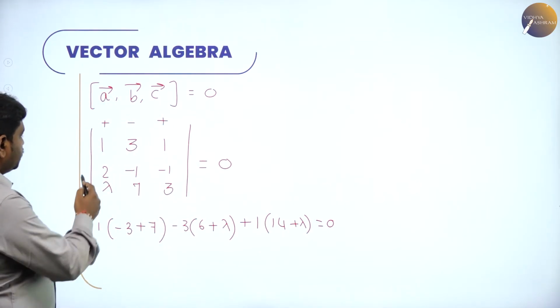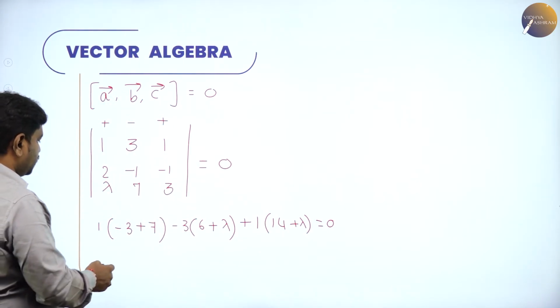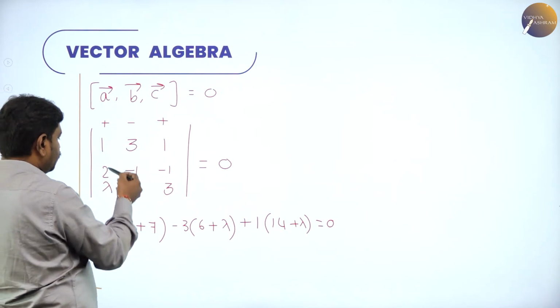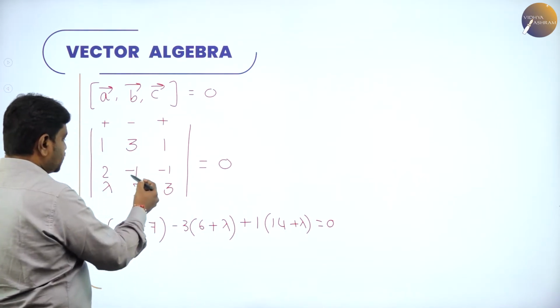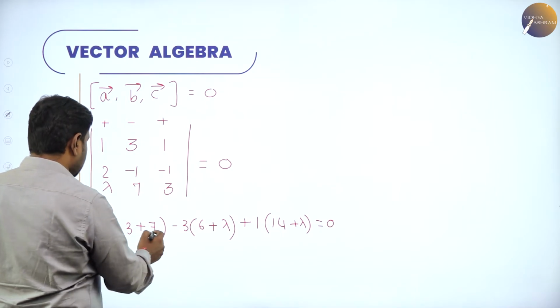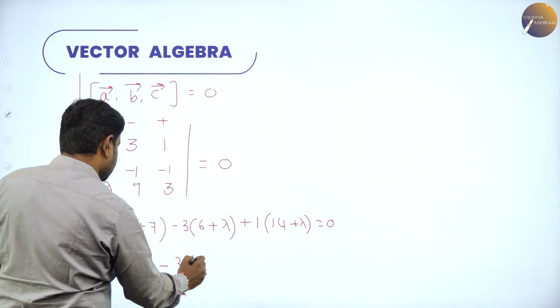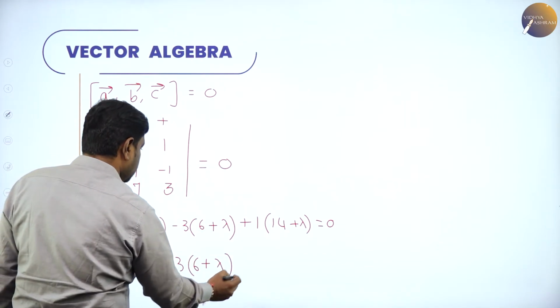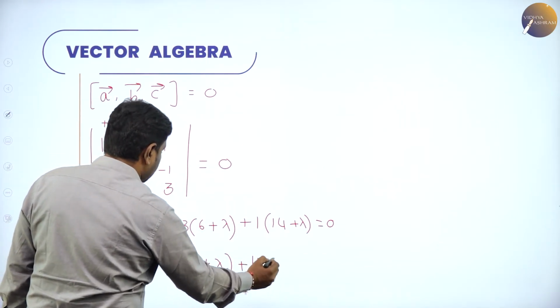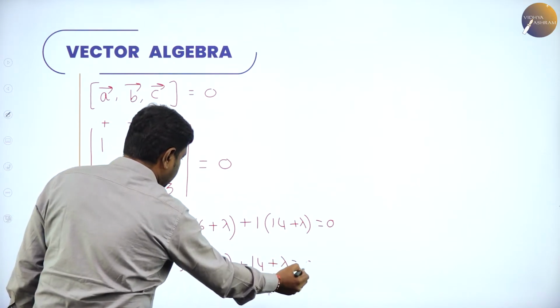Substituting the values, you should expand carefully. 2 sevens are 14, minus of minus 7 is plus 7, and minus 3 plus 7 is 4. Minus 3 into 6 plus lambda, plus 14 plus lambda, equal to 0.